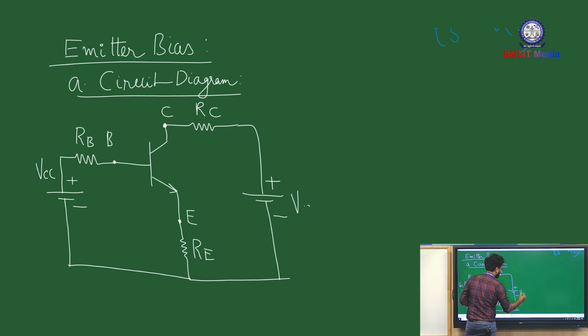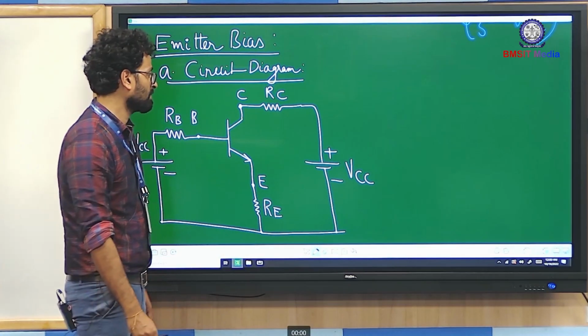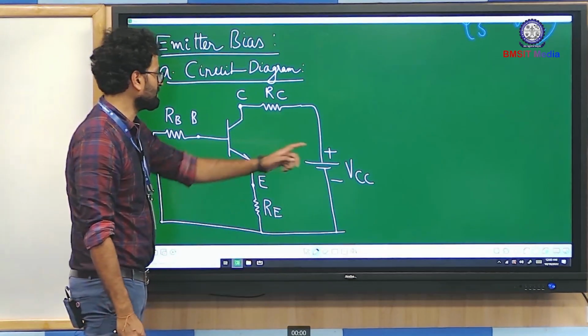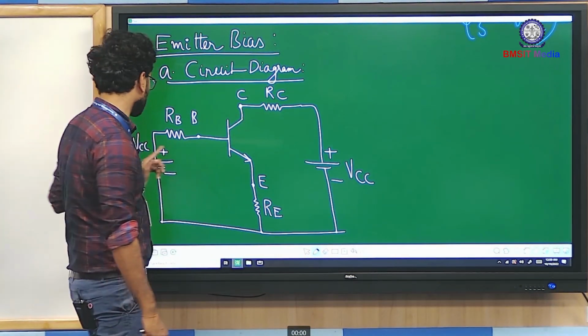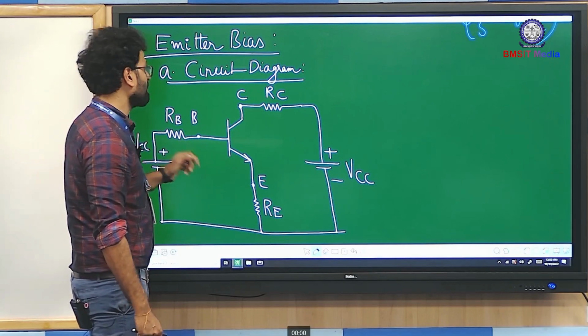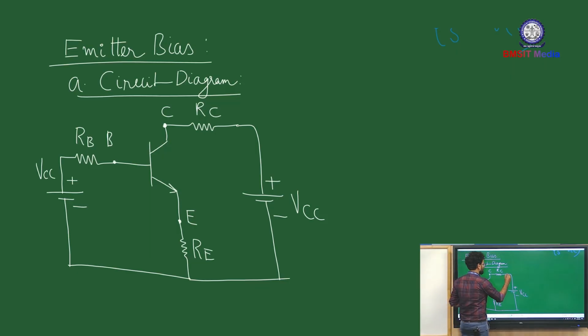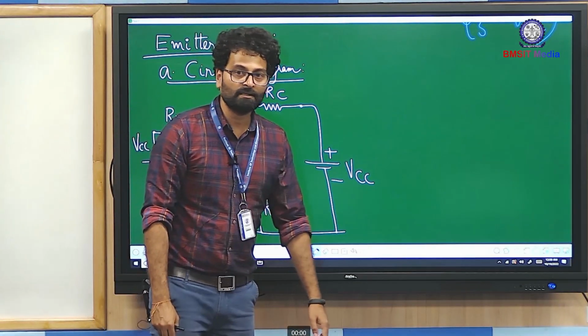Basically it's a single power source whose positive terminal is connected to the collector terminal, as well as to one end of the resistor RC and one end of the resistor RB. So this is your emitter bias.